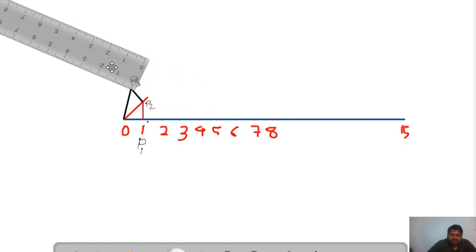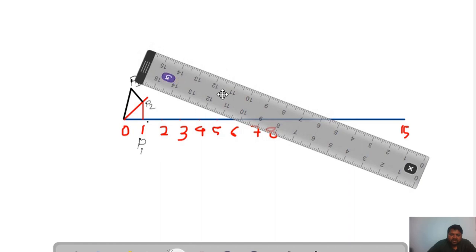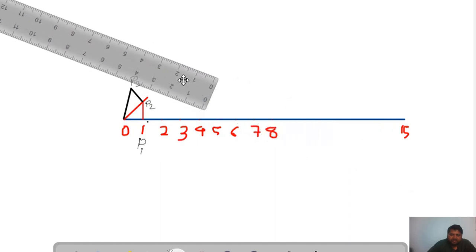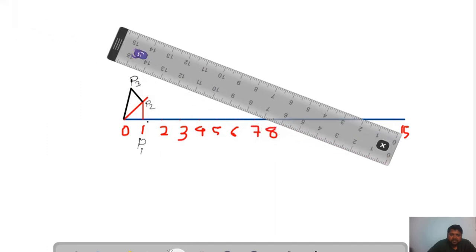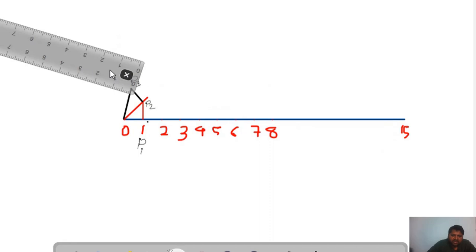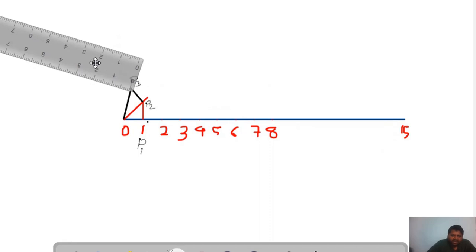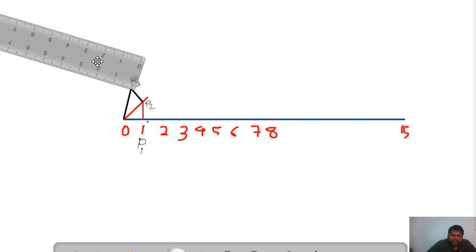Some bending is required also. Here you see that the lines are properly joined, so we draw at this point for P3P4.